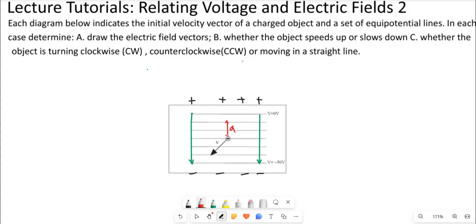Okay? Now, if you remember last time, what we want to do when we draw this is keep the acceleration vector the same size or smaller than the initial velocity vector that is given right here. So this is the initial velocity. So let's add this guy to the initial velocity vector.